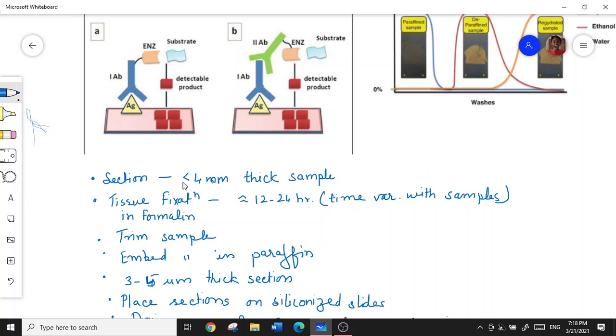A section of less than 4 millimeters is cut from the tissue. Then it is fixed in formalin for 12 to 24 hours, while the time varies with various samples. The fixation time differs, and that will be given for tissue fixation.